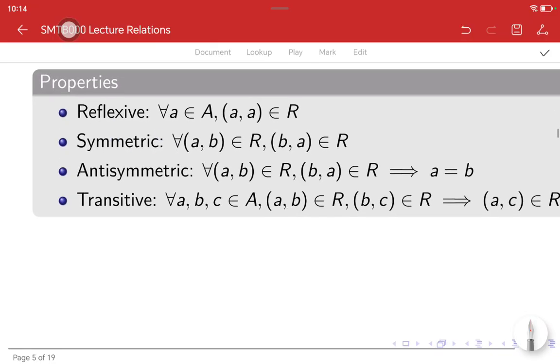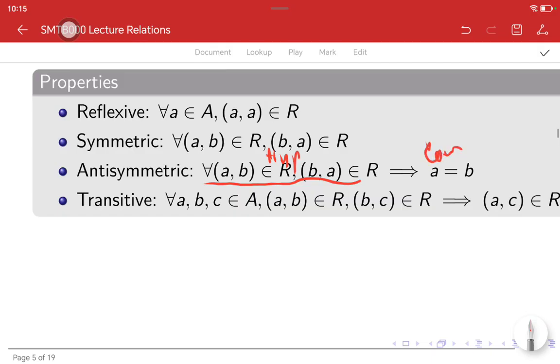So when you come to antisymmetric, we remember this from mathematical logic, methods of proofs, that this one usually is called a conditional statement. You see, right? Once you have an implication, this is called the conditional statement. This is the hypothesis, and this is the conclusion.